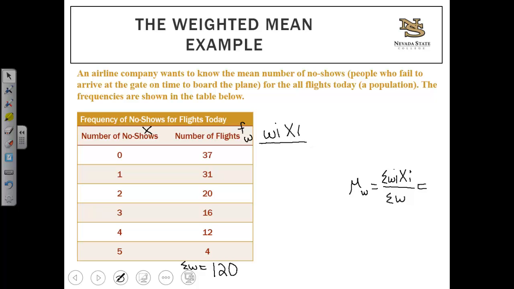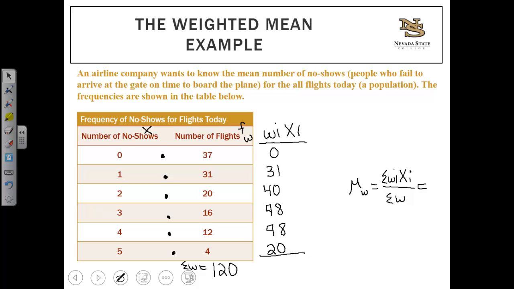I'm just going to write it right here. 0 times 37 is 0. 1 times 31 is 31. 2 times 20 is 40. 3 times 16 is 48. 4 times 12 is 48. And then 5 times 4 is 20.